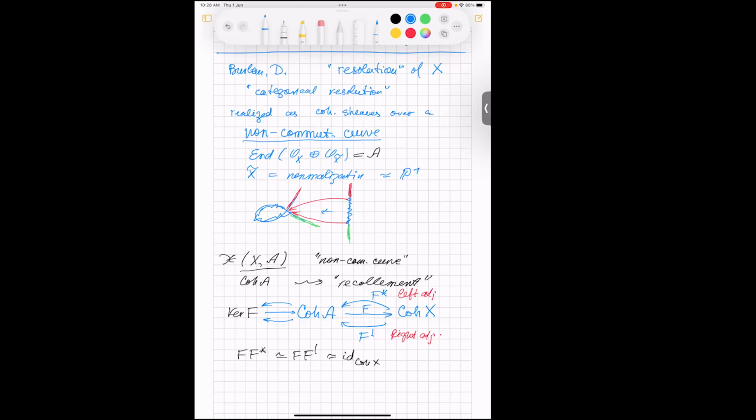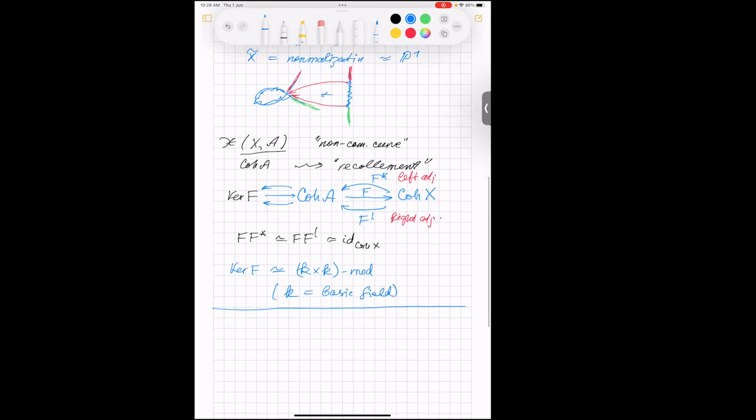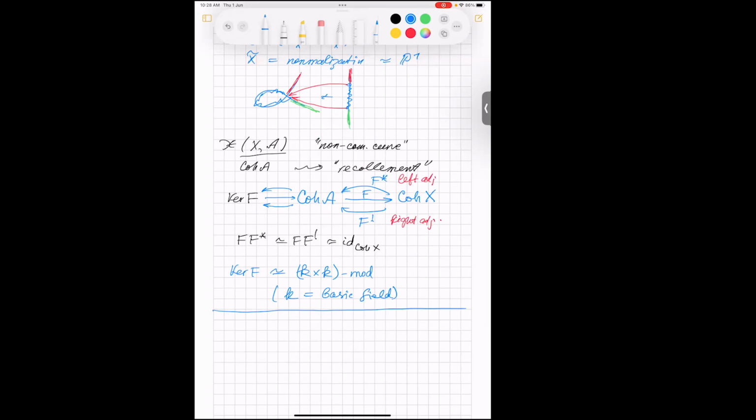Moreover, in our case, the kernel of F is equivalent to the modules over this one, where K is the basic field. So coherent sheaves over X and over A are almost the same. The difference is very small.